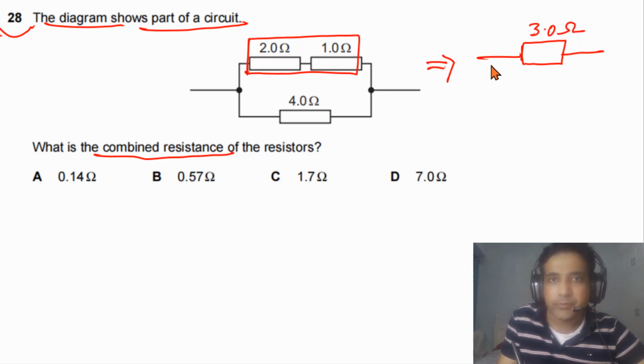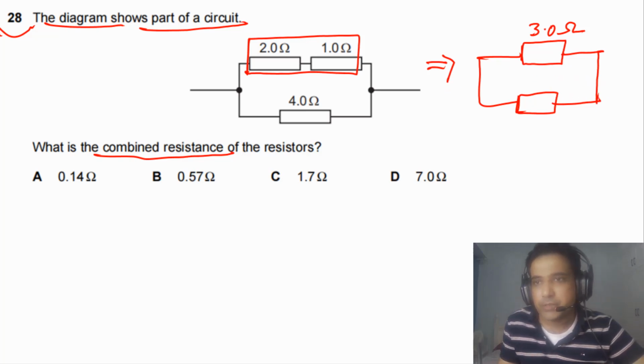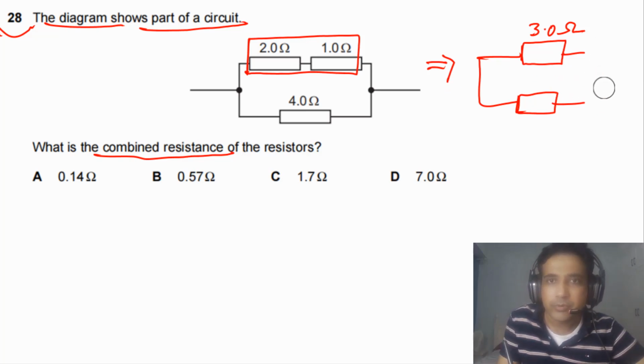We have another resistor of 4 ohms that is connected in parallel with the previous one. So we can draw the wires, and the resistance of this resistor is 4.0 ohms.